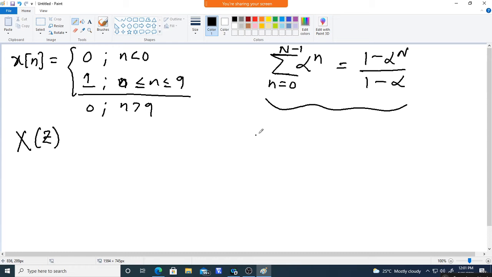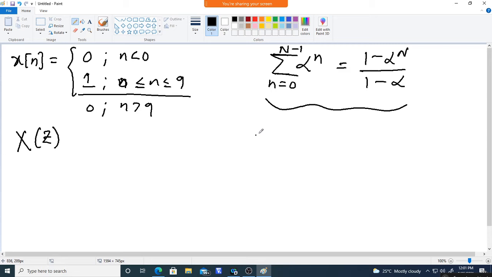So what is the z transform? Z power 10 minus 1 divided by Z power 9 into Z minus 1. So what is the ROC? If you put Z equal to 0, is X of Z infinite or finite?